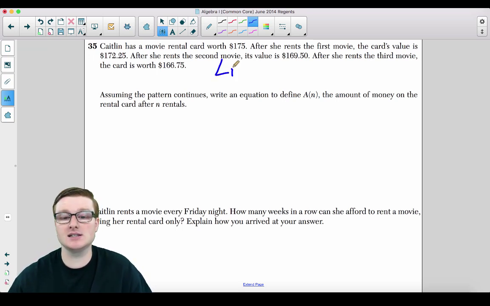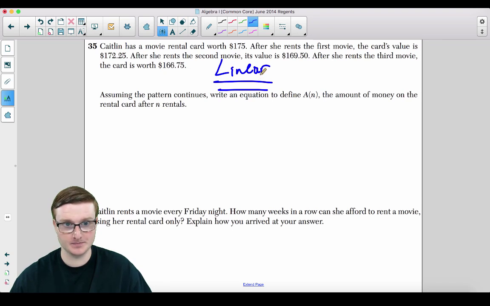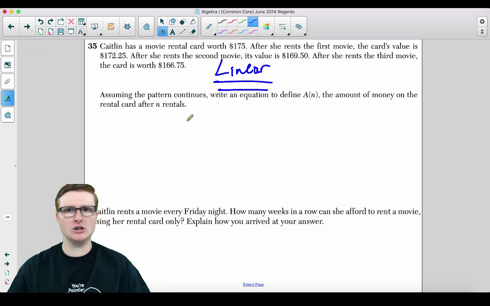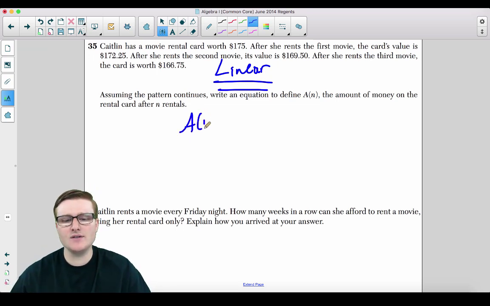They are telling you this because this is a linear function. Linear lines, decreasing slope. Assuming the pattern continues, write an equation to define a of n, the amount of money on the rental card after n rentals. So all you're going to do is a of n is equal to the initial amount.